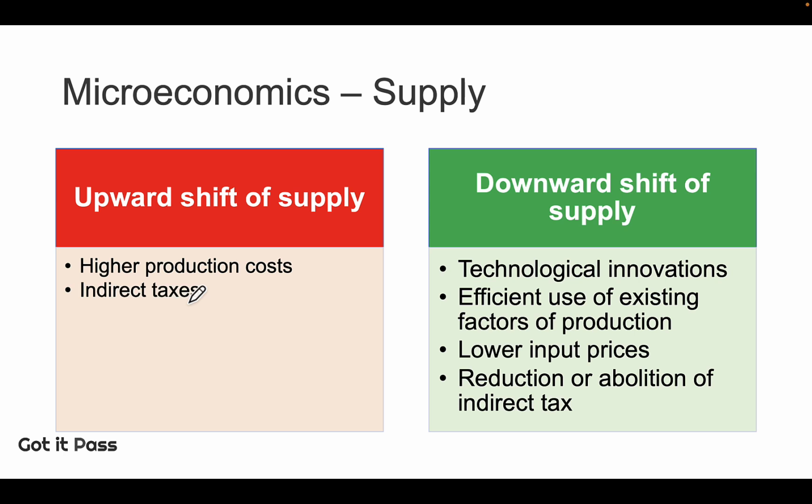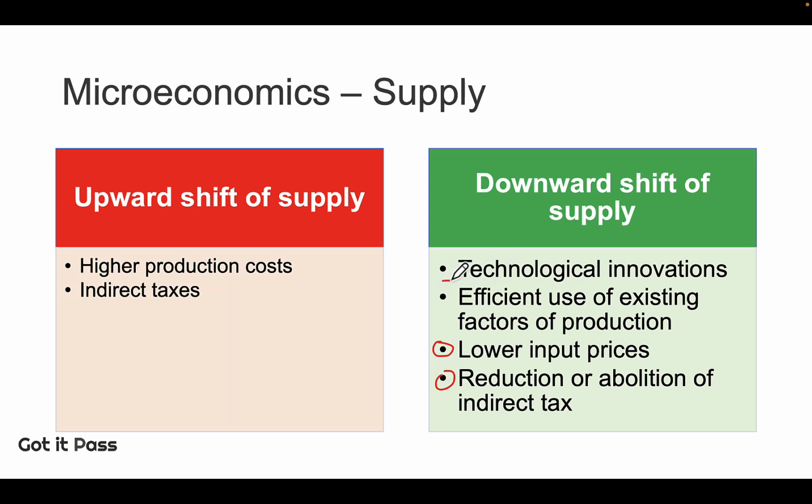And the factors causing the supply curve to shift downward, or increase the quantity supplied at a given price level, include technological innovations, efficient use of existing factors of production, lower input prices, and abolition of indirect tax.